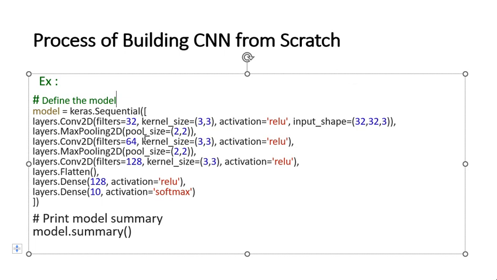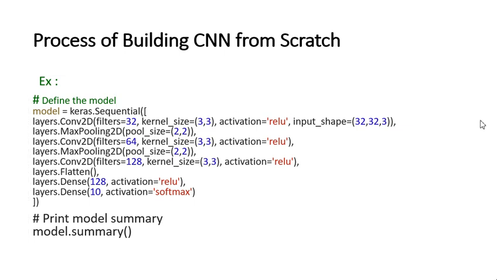The kernel size can be 3 by 3, 5 by 5, or 7 by 7, whatever size you want to give. It depends on the model structure. Your model should be unique, and you can give your own dimensions, and then verify the result.